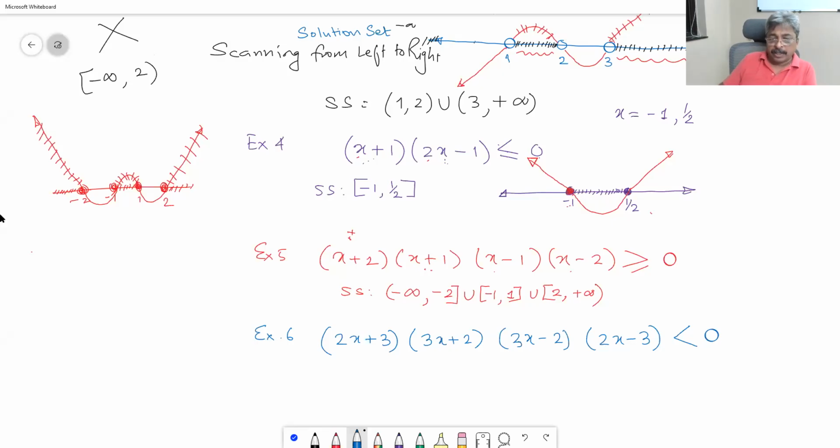Let me quickly draw the diagram. Critical points are minus 3 by 2, minus 2 by 3, 2 by 3, 3 by 2.